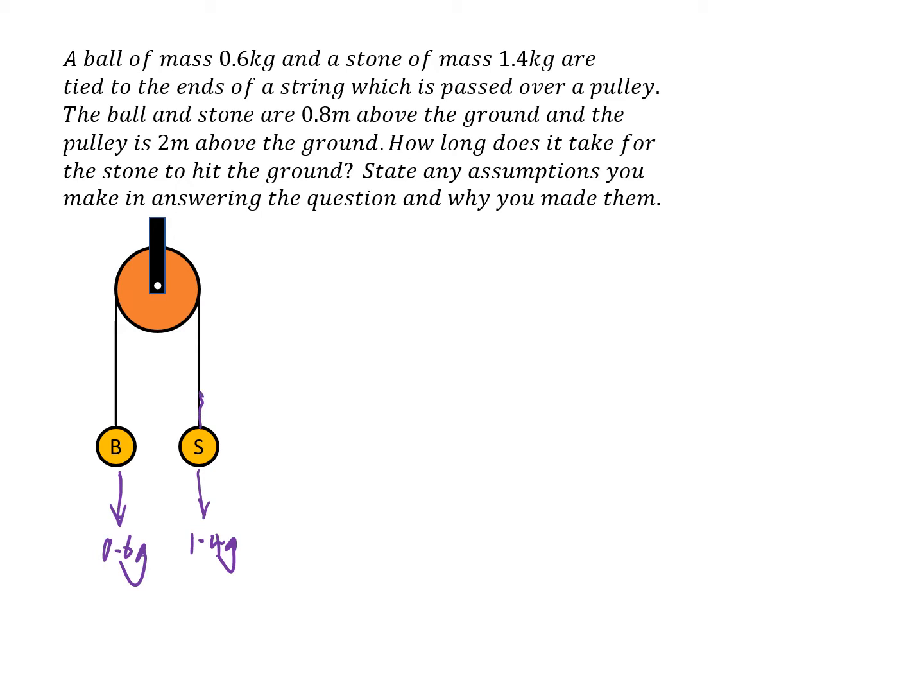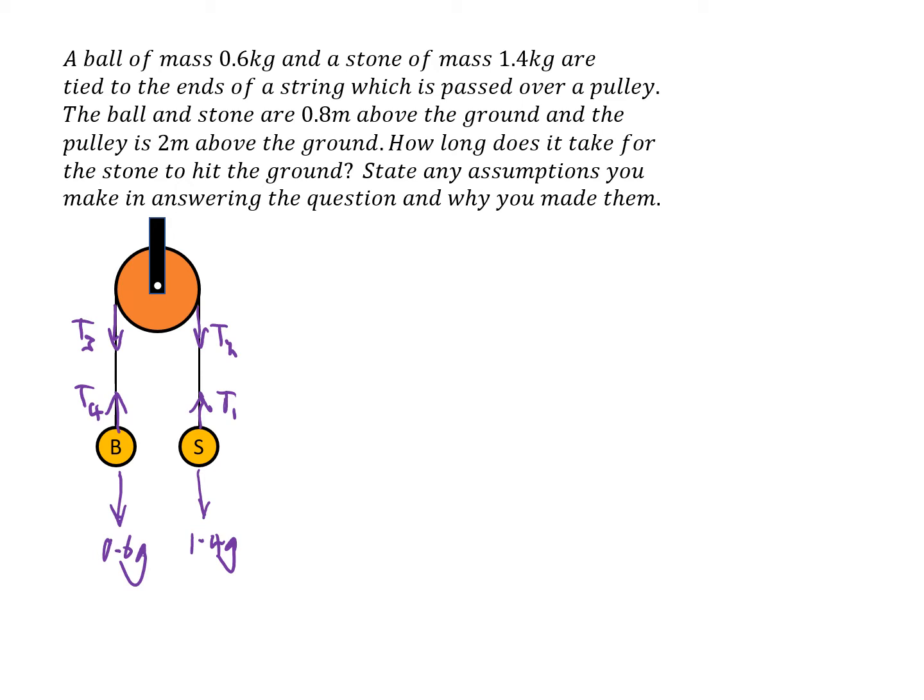We've got a tension at both ends of this part of the string, and tension at both ends of this part of the string. For the moment, I'm going to call them T1, T2, T3, and T4.